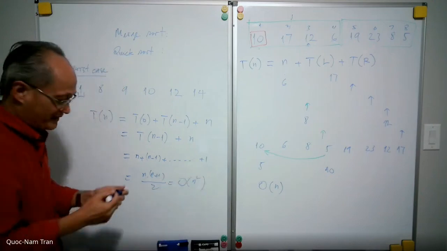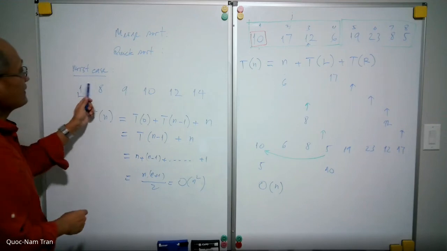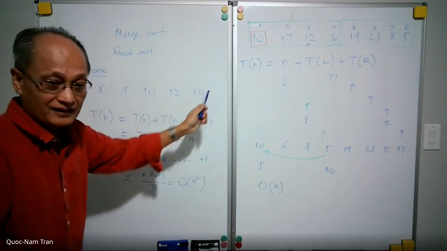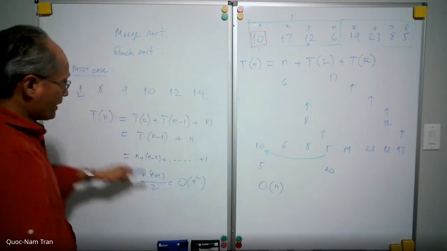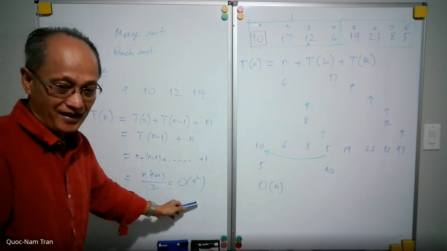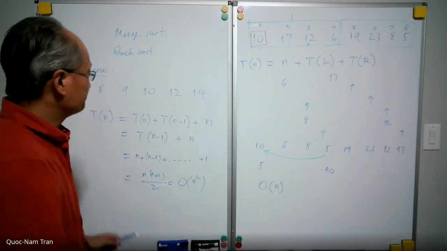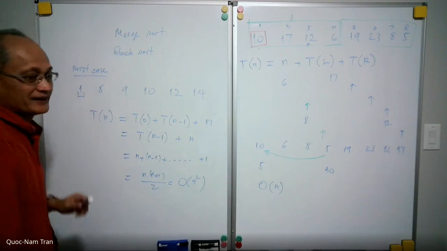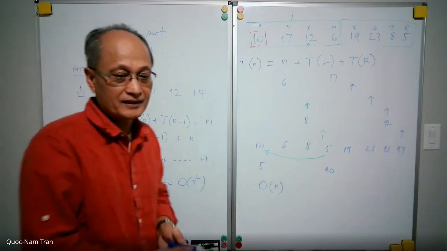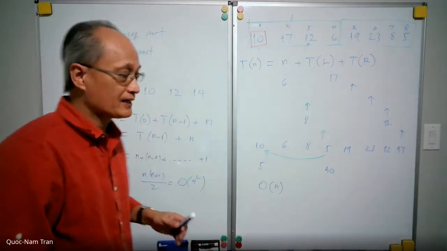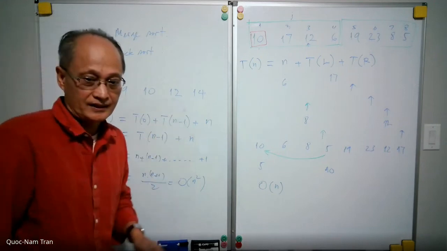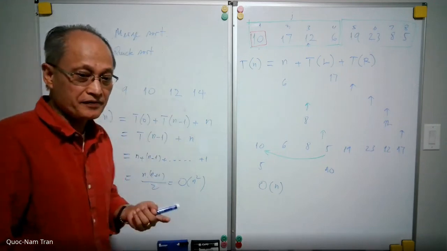So that's it. If the list is already sorted, quicksort will spend big O n square steps.